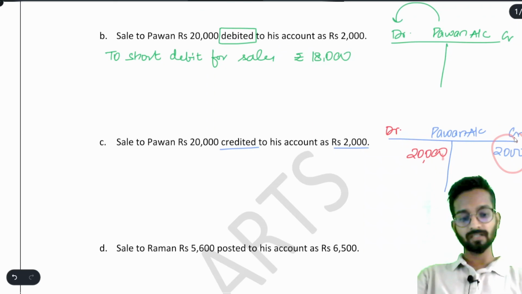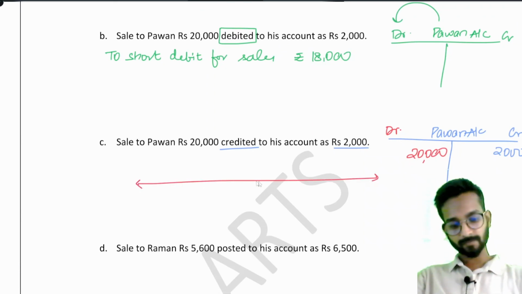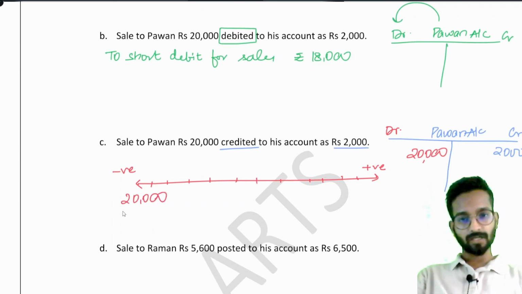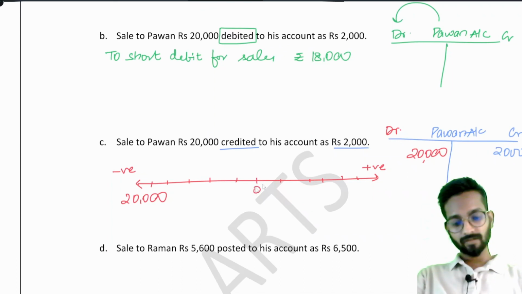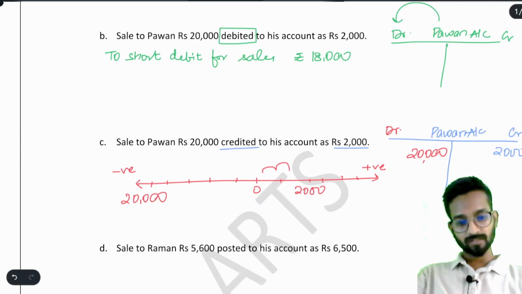So understand this thing. Which amount will I write here to balance that? If you understand by the number line, say this is the positive side and this is the negative side. Actually, I wanted to write 20,000 on this side, but I have written 2,000 here on the positive side.